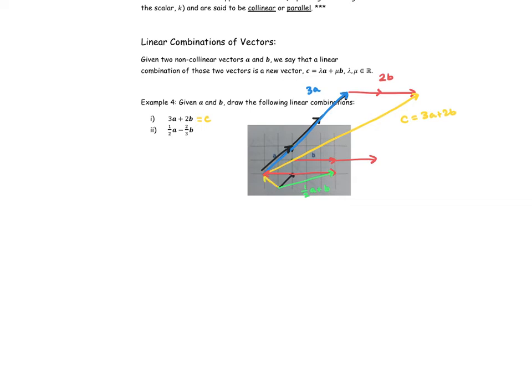This would be our resultant vector. This would be half a minus 2/3 b. Very cool. All right. Now, it doesn't really matter where I sketch this as long as I go tip to tail with the two resultant vectors. All right, let's continue.